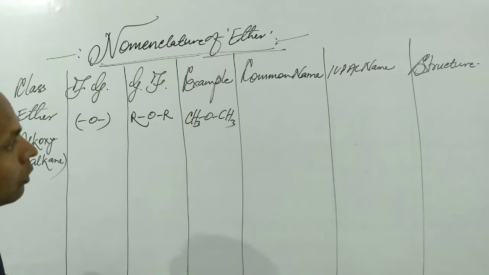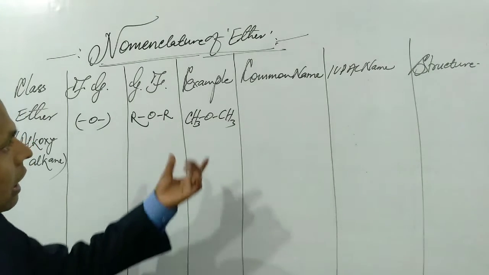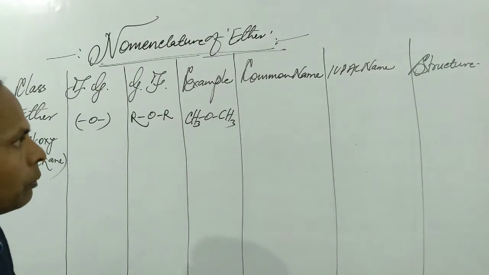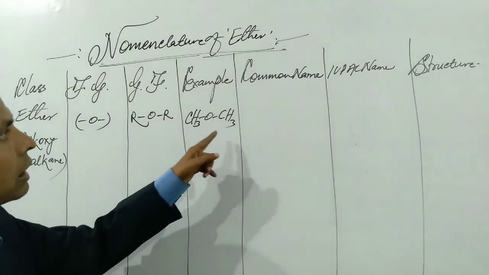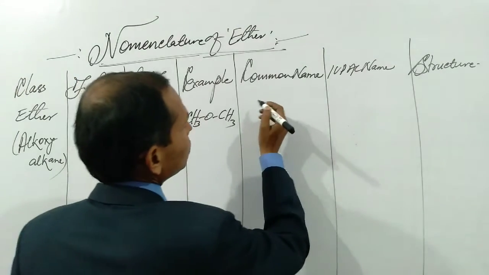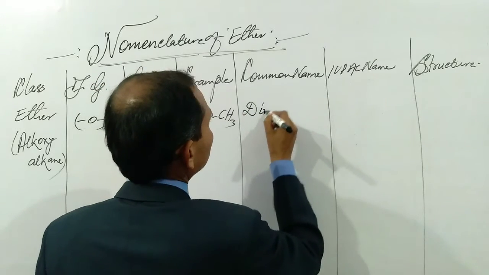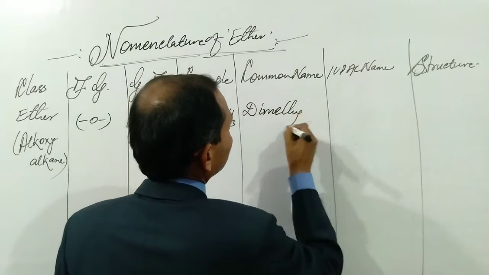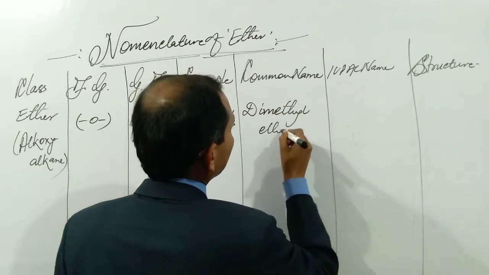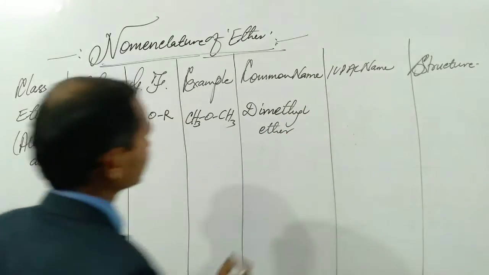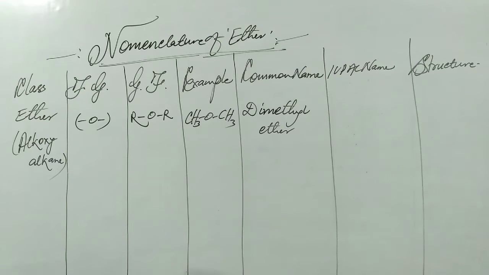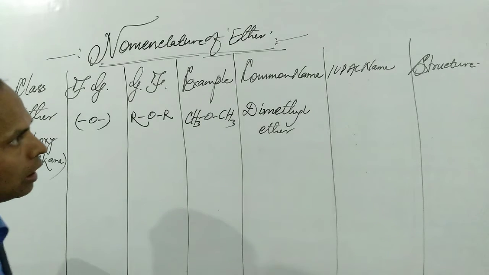So when the same group is taken, the name of such compound is dimethyl ether. So the common name of such compound is dimethyl ether. Dimethyl is for 2 methyl groups.